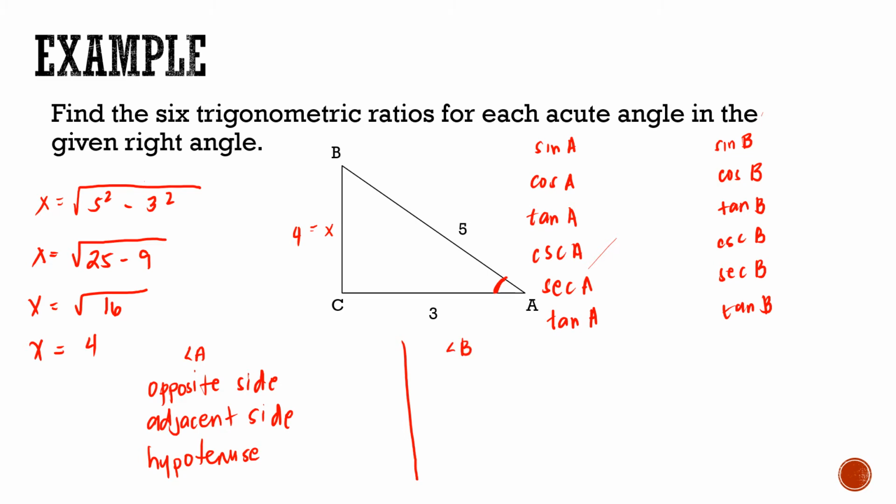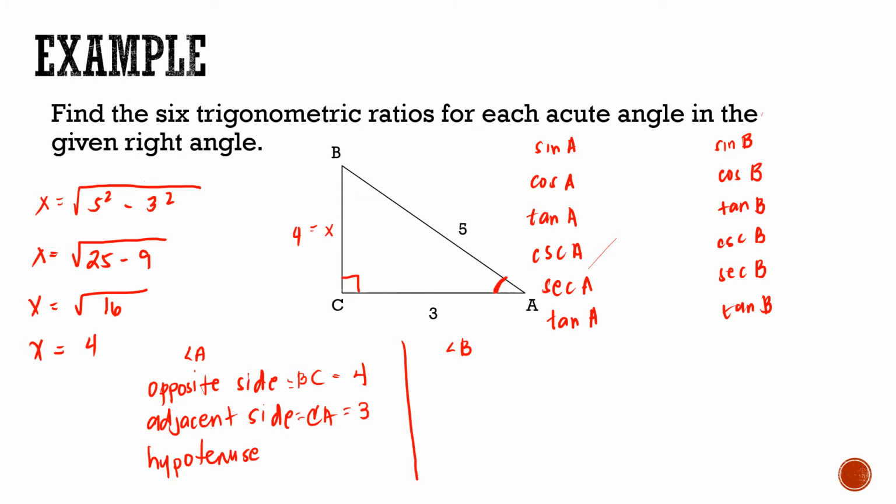So let's go first on angle A. If angle A is my reference angle, the opposite side of that will be side BC, which measures 4. Therefore, CA is my adjacent side, which is equal to 3.